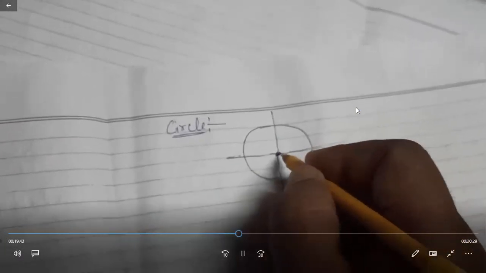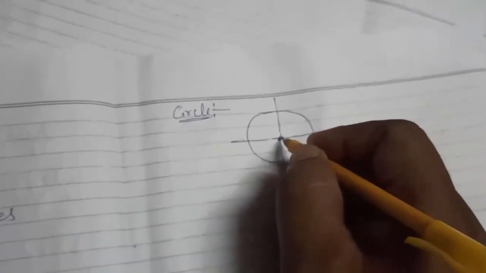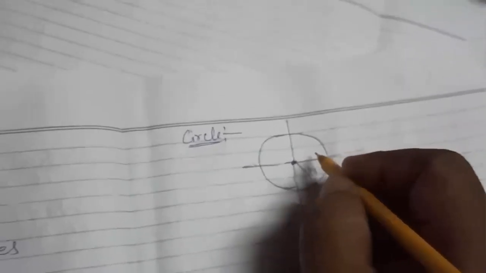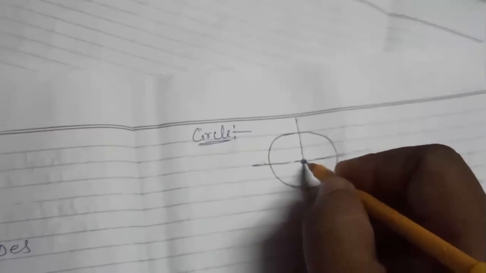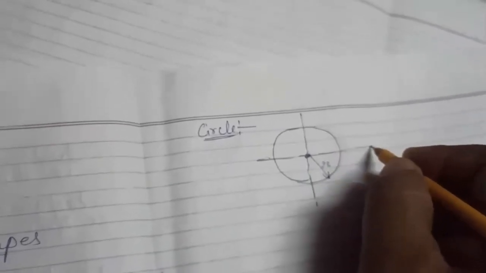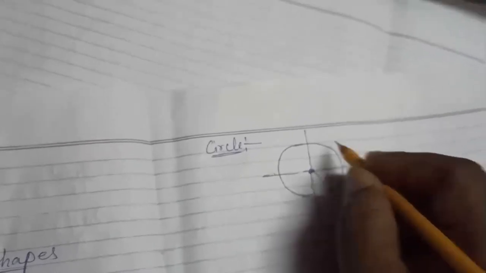This center of the circle is always called the centroid. So here, if the reference lines are taken as these lines, then the centroid x bar is equal to 0, y bar is equal to 0.